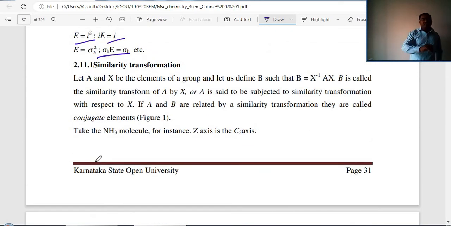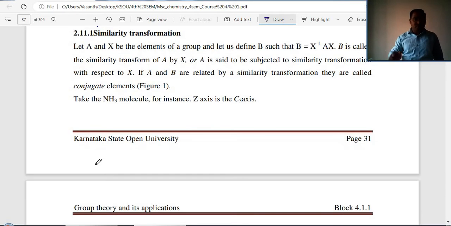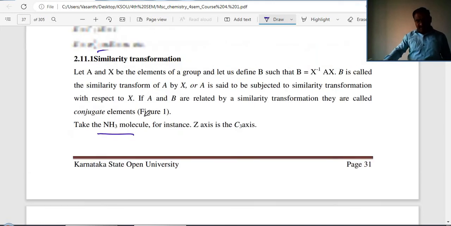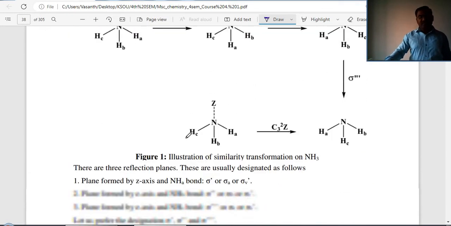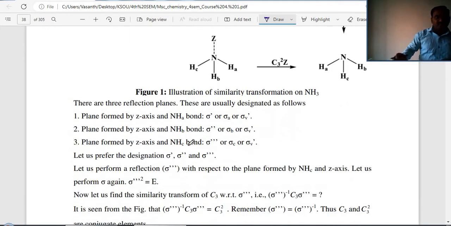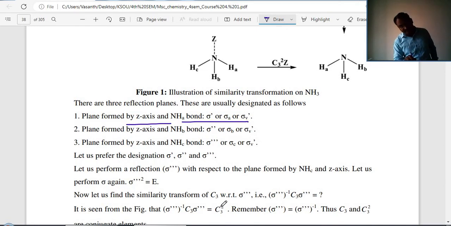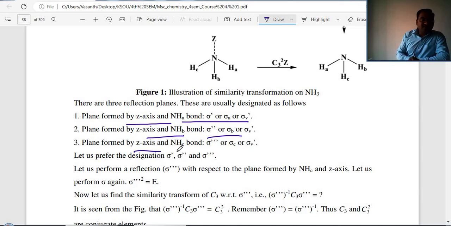What are similarity transformations here? We consider molecules like ammonia. Here there is no change. The plane formed by the z-axis and ammonia NHA, the plane formed by the z-axis and NHB, the plane formed by the z-axis and NHC.